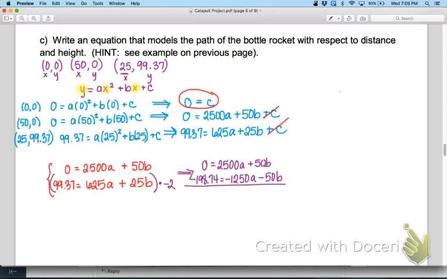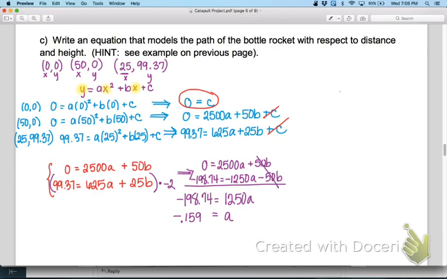Perfect. When we add these together, the b's will cancel out. We get -198.74 equals 1250a, and when we divide by 1250 on both sides, we get that a is about -0.159.